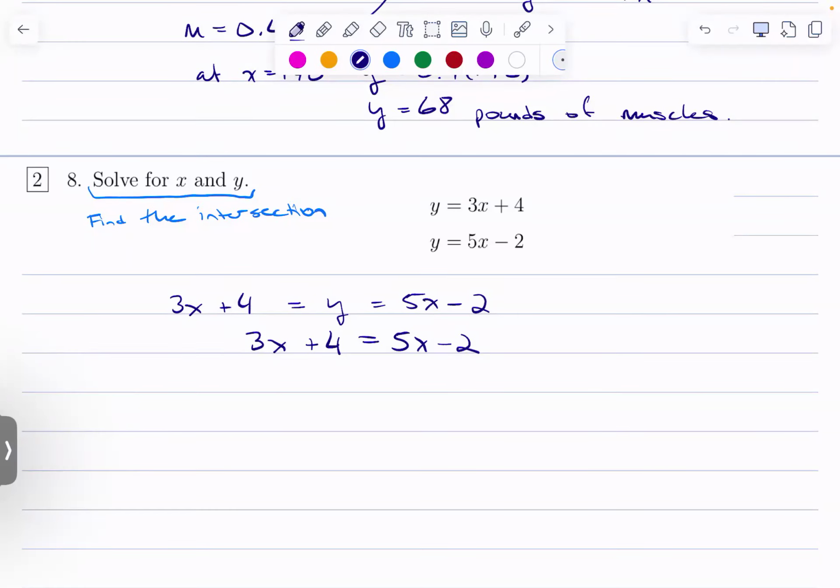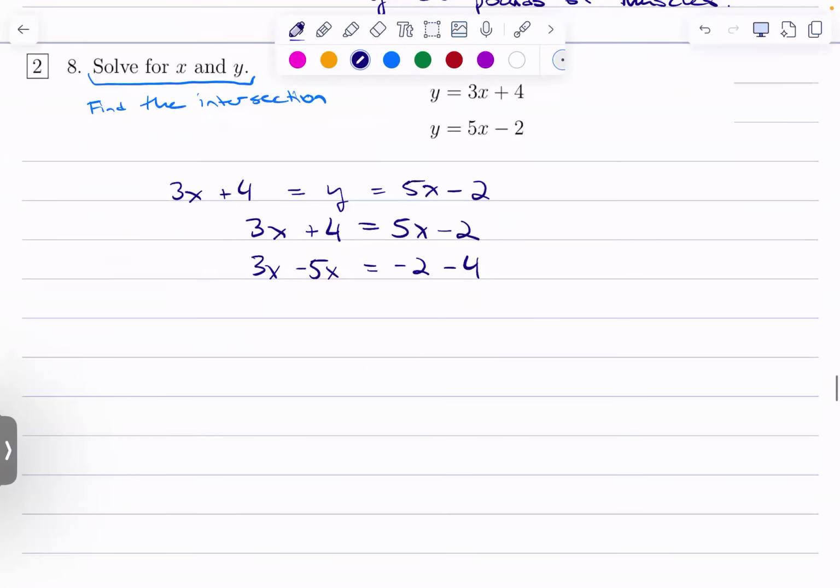Moving all my x's to one side and all my constants to the other side, I like to move all my x's to the left. So I get 3x minus 5x is negative 2 minus 4. So I get negative 2x is negative 6, which means that x must be positive 3.